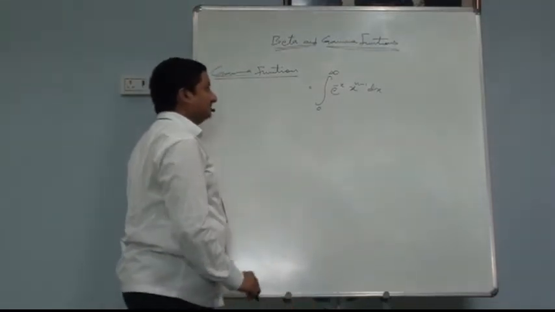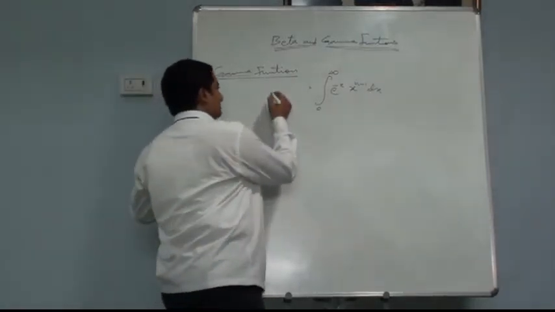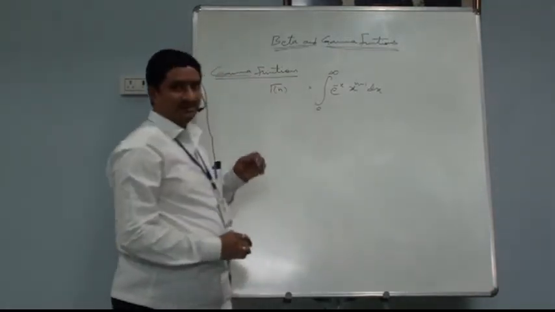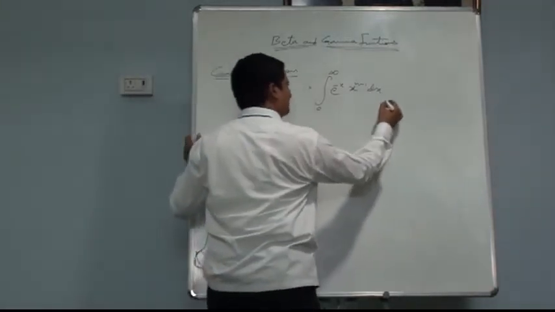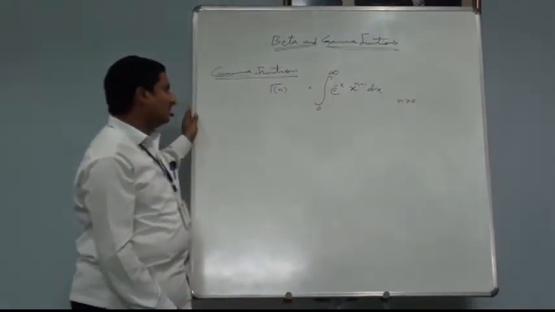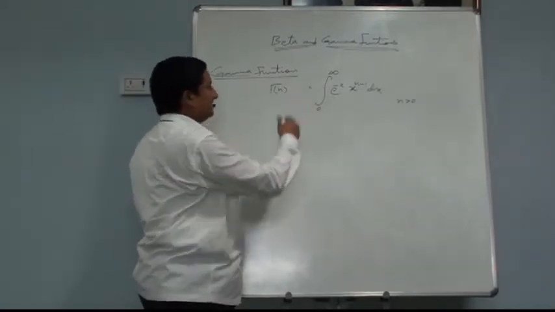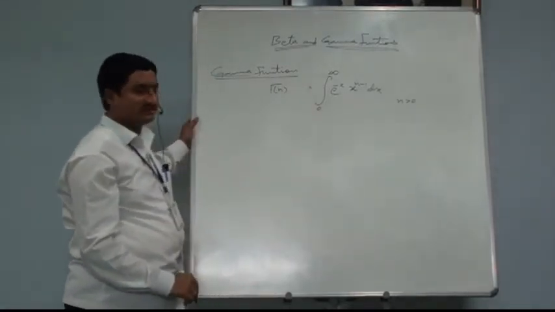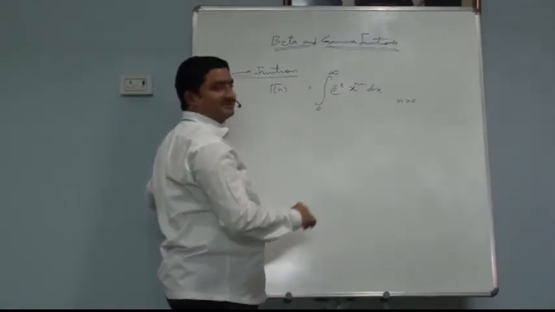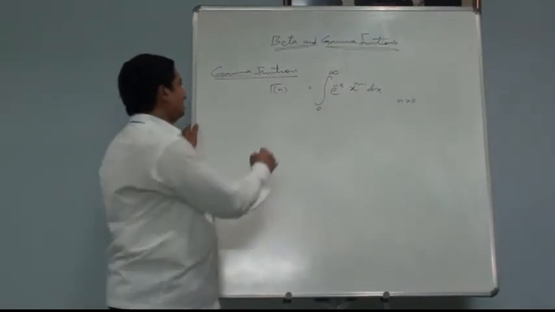This is the definition of gamma n, where n is greater than 0. As you change the value of n, this integral value also changes. If this definite integral exists, that existing value we call the gamma function or gamma n.